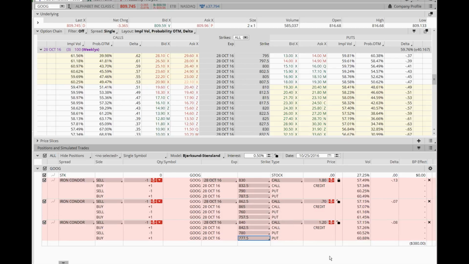You see now? Sell 1840 by buying 1842.50. Sell 1780 by selling 1777.50. So if 180 can, 70 cents can, why can't we go somewhere in between?